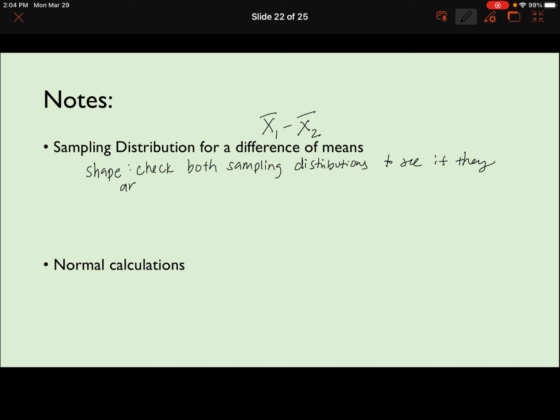And there are 2 ways that we can show that. So it would be either the population is approximately normal, or the sample size, n, is greater than or equal to 30, and that's with the central limit theorem.